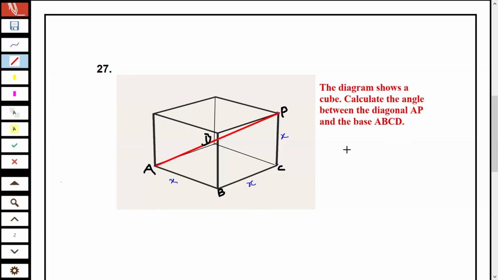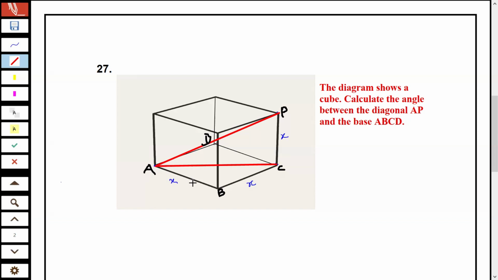Now, to calculate the angle between the diagonal AP and the base of the cube, I will also have to join point A to C. This is AC.